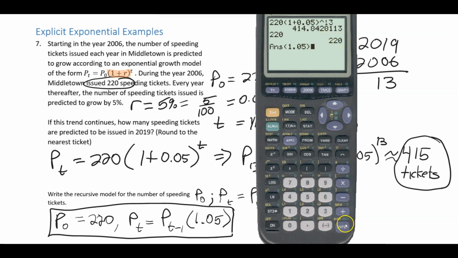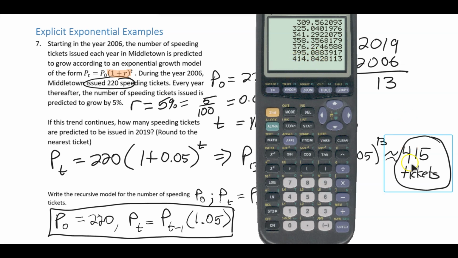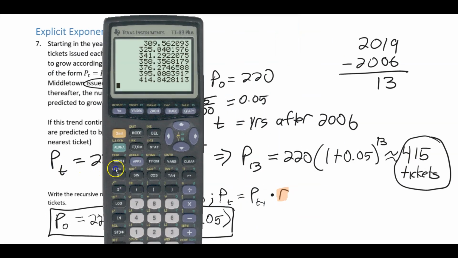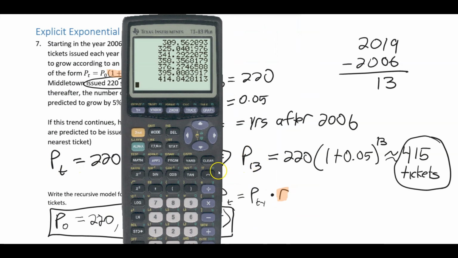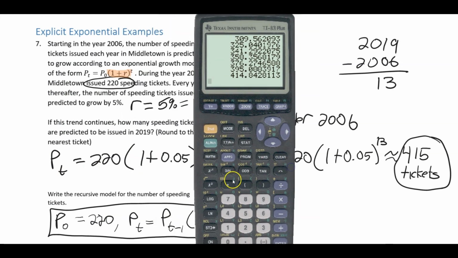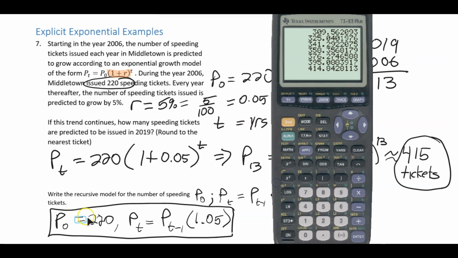When I hit enter, this will be 2007, 2008, 2009, 2010, 11, 12, 13, 14, 15, 16, 17, 18, 19. This is 2019. And that rounded is 415 tickets. So this recursive model is working. It is giving us the correct value 13 years later in 2019. Everything looks great. All right, I hope this helps.